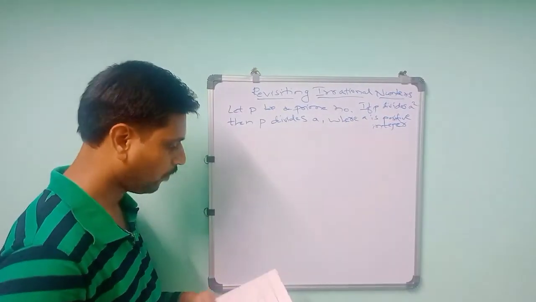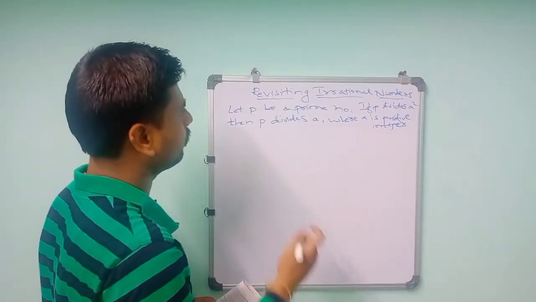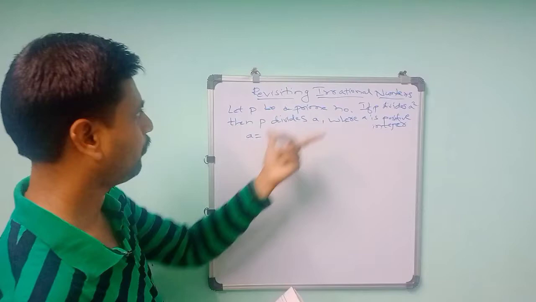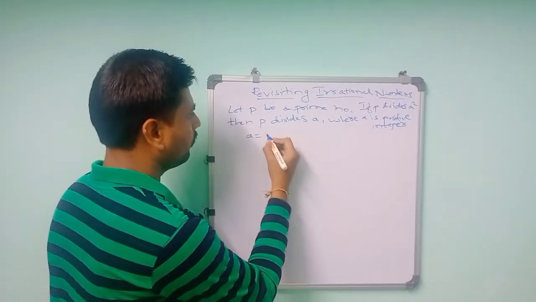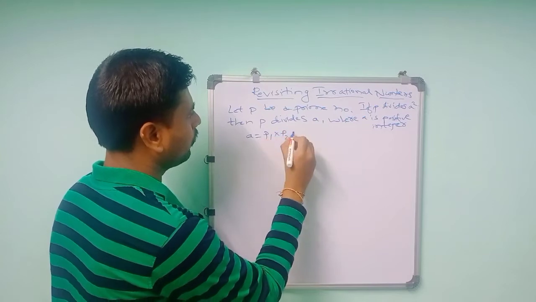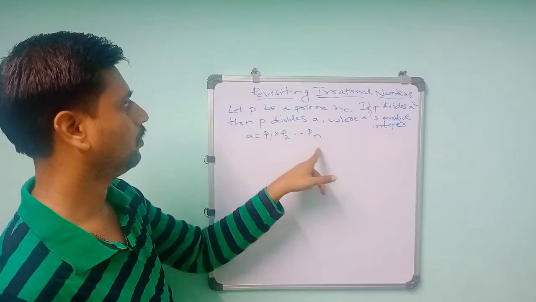Since a is a positive integer, we can write it in terms of its prime factors: a is equal to p1 into p2 up to pn.